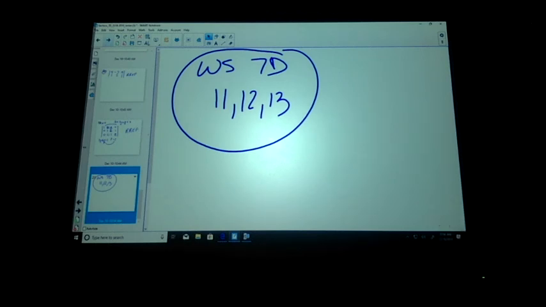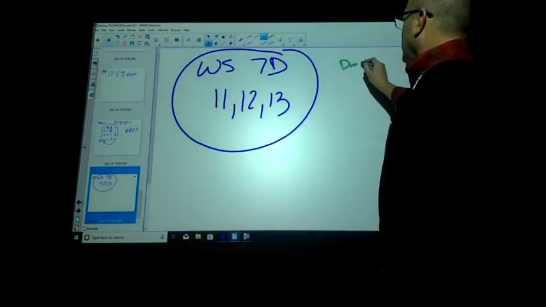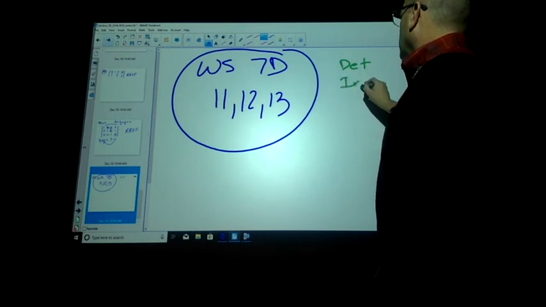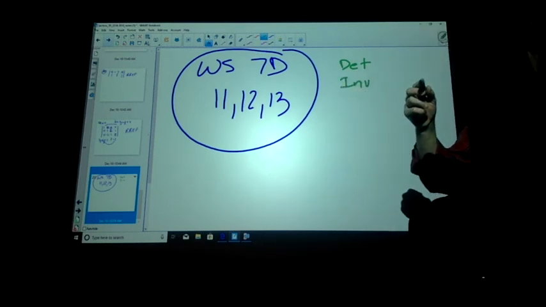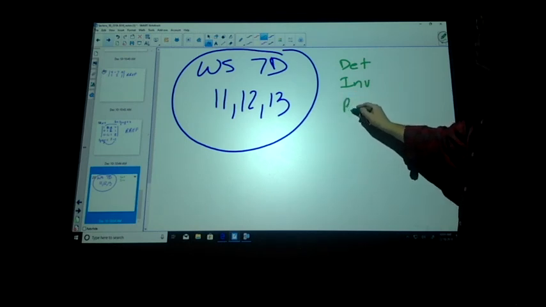Everyone ready for the quiz for tomorrow? Yes. So things on the quiz: determinants, inverses. Hey, if the determinant's 0, what can you tell me about the inverse? No inverse. We will have RREF.